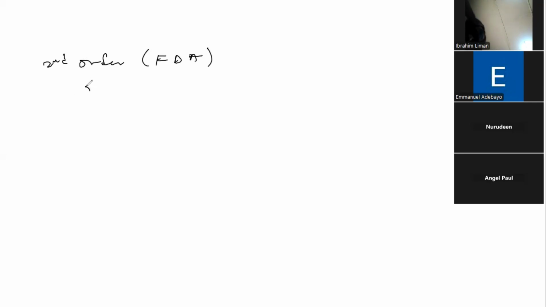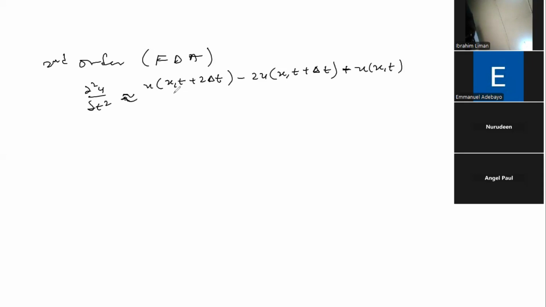So d squared u by dt squared will be approximately u(x, t+2dt) minus 2u(x, t+dt) plus u(x,t), over dt squared.